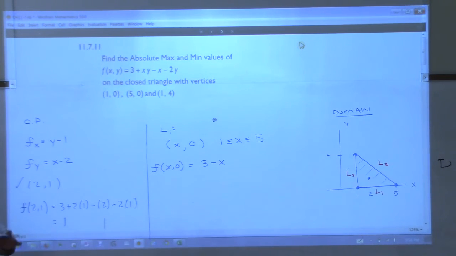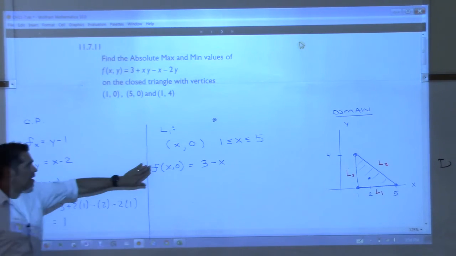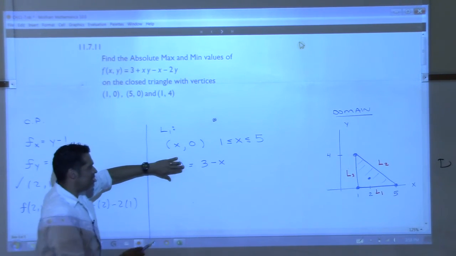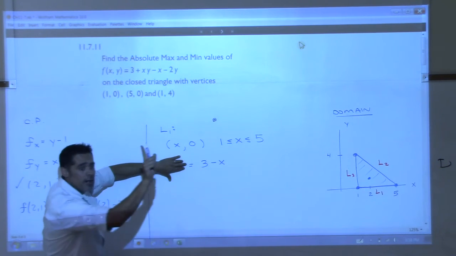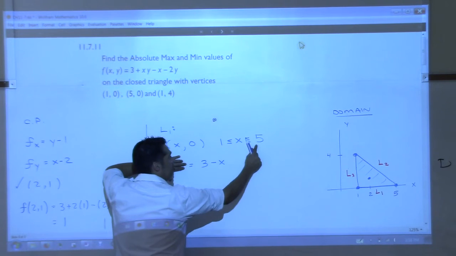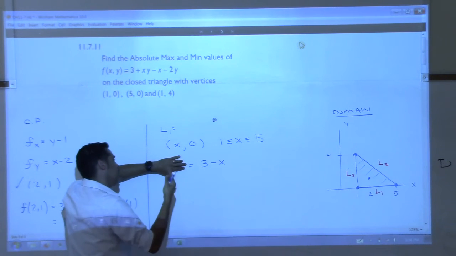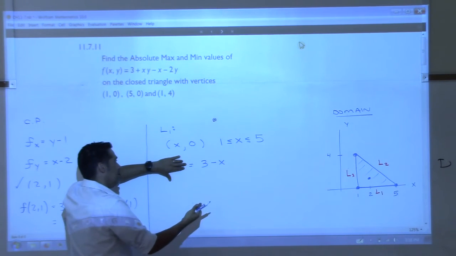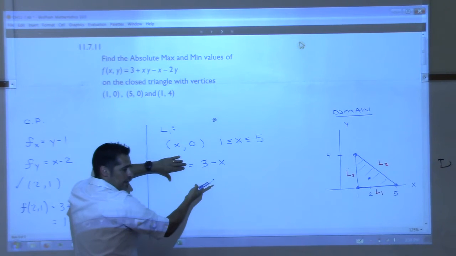Okay, we are now in Cal 1 because we have a function which really at the end of the day is a function of one variable. And that variable is bounded between 1 and 5. So now what we're going to do is the closed interval method for this particular function. Make sense?